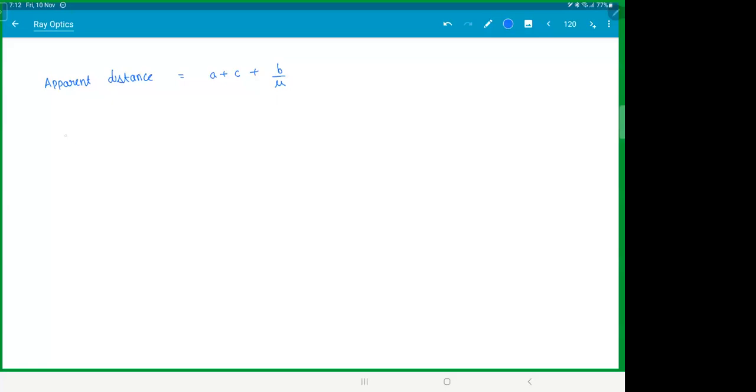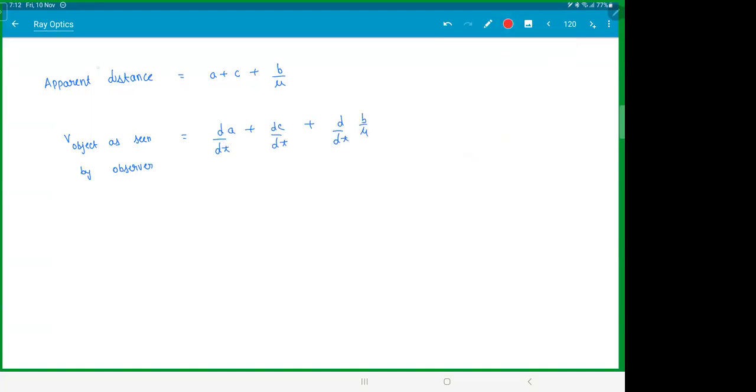So what is the speed then? So therefore, velocity of the object seen by observer will be differentiate this. d by dt, A, dC by dt, plus B d by dt, B by mu.